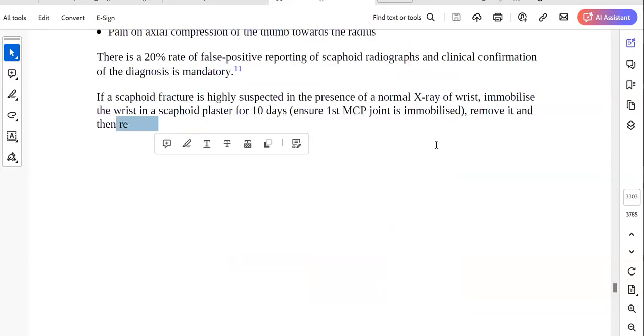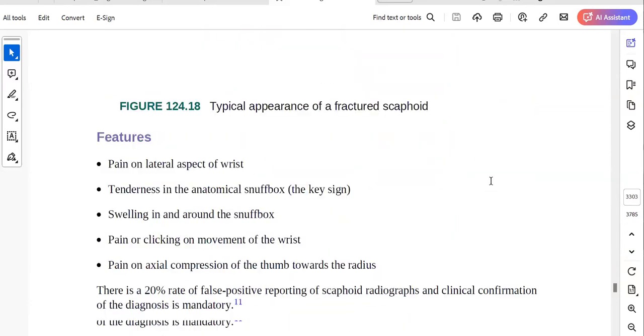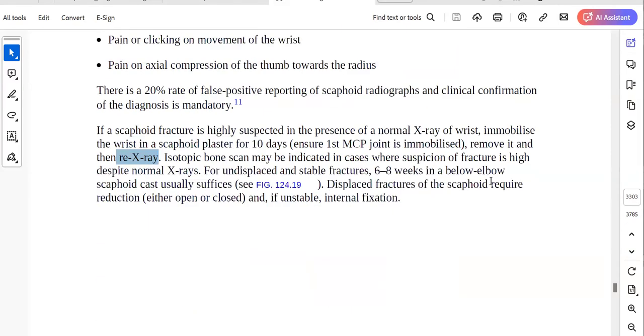Sometimes if the initial X-ray is negative, after 10 days the X-ray can come back positive. Let's say after 10 days there is still no fracture, but the patient is still having pain. In that case, the only way to confirm the fracture is to get a bone scan.